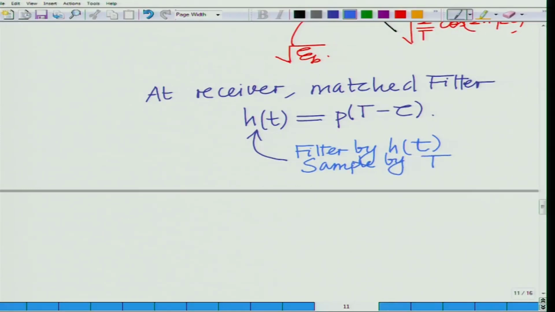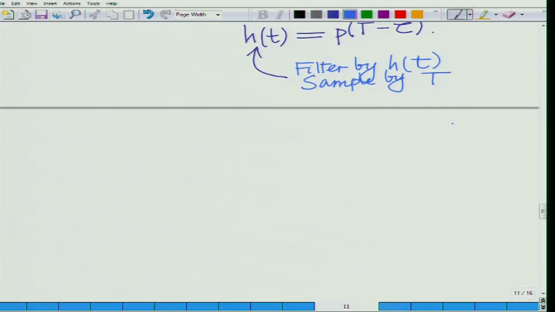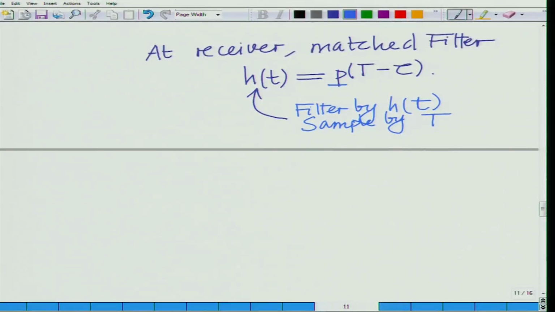Now you are wondering why we are using p(T minus t). That also is worth clarifying, because rather than simply using p(minus t), why are we shifting it by capital T?